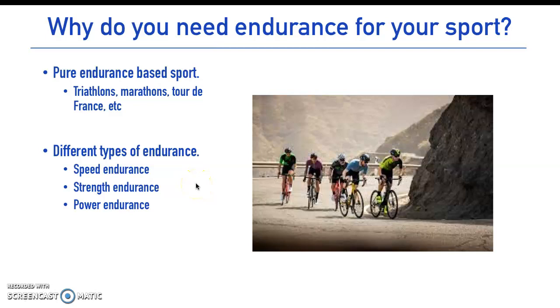Running about 9 kilometers throughout the game is pure endurance, a lot of endurance work. But because they need to do sprints throughout that, they have to do speed endurance work as well. So they've got different types of endurance during the sport.